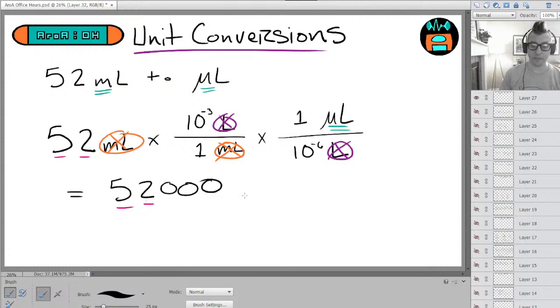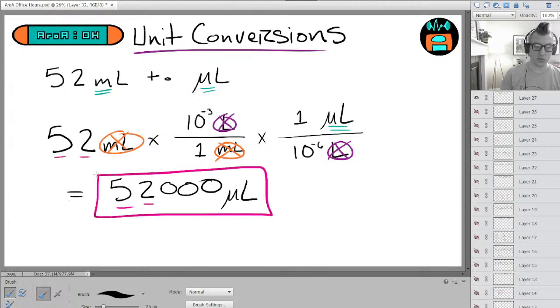So the last piece that we need to add here is our units, because we have the correct value, the correct sig figs. Now we need the correct units. 52 milliliters is equal to 52,000 microliters.